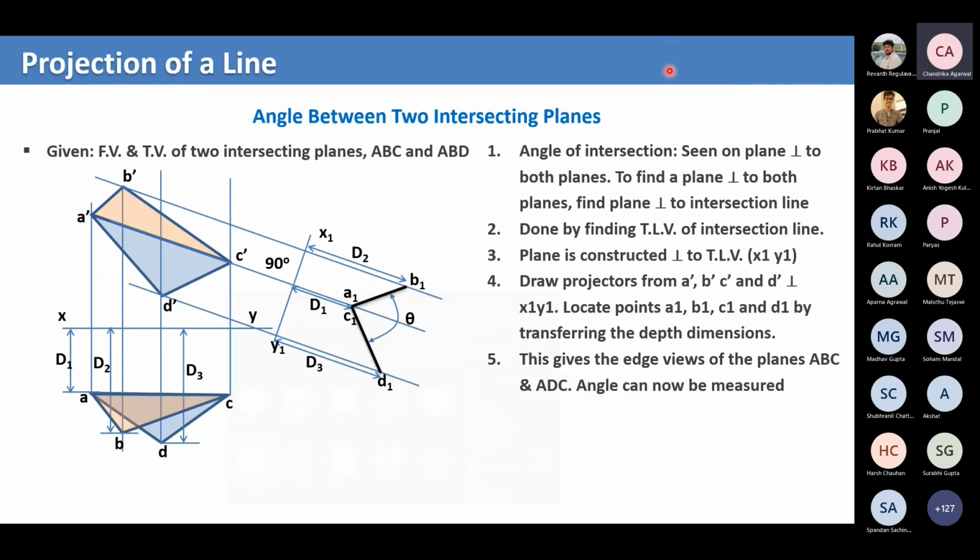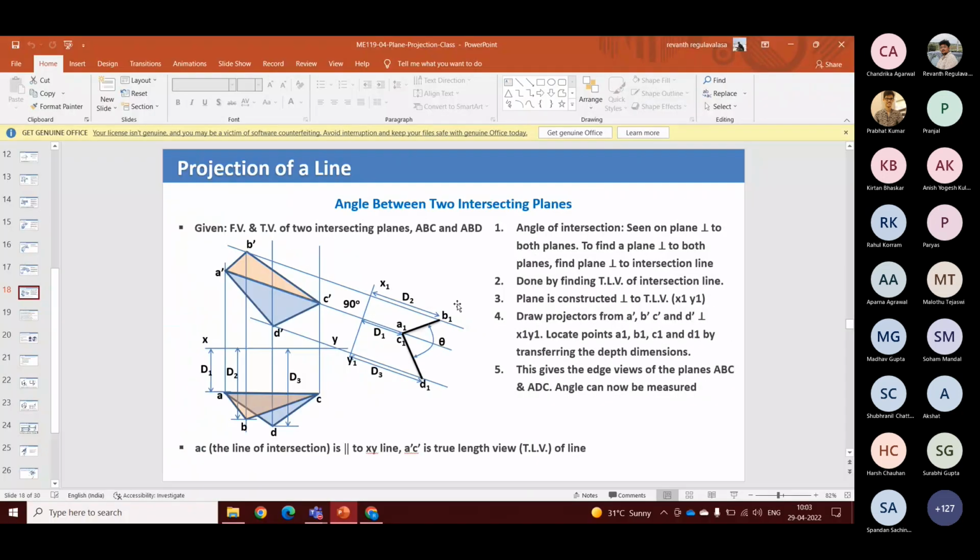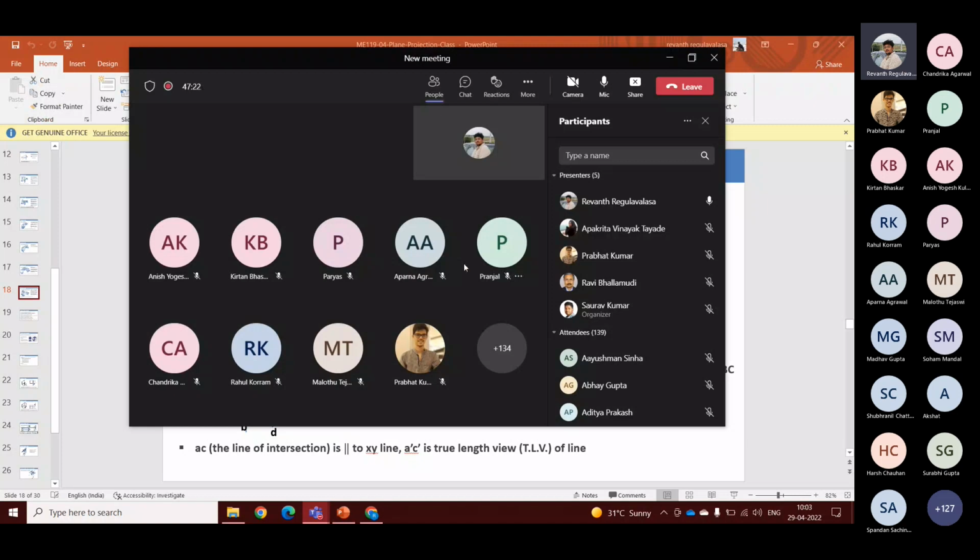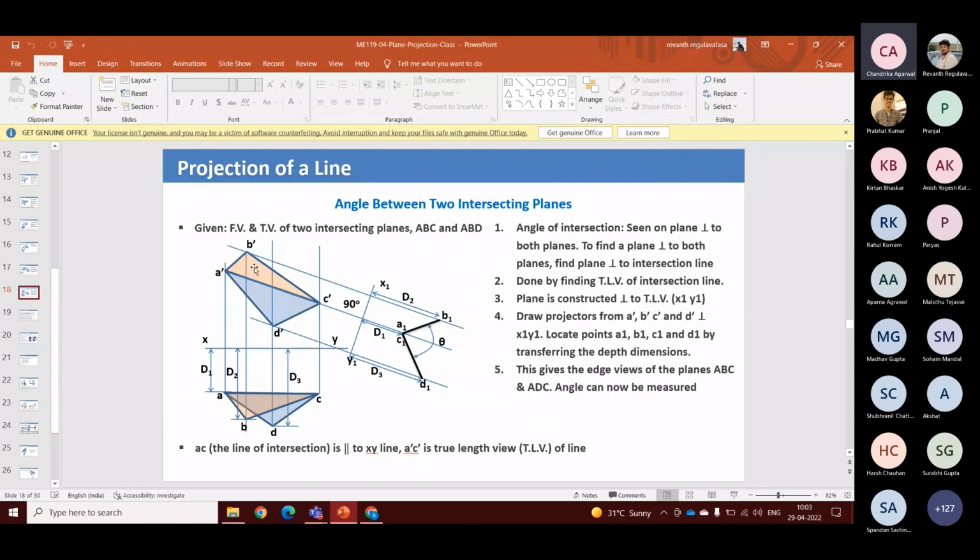I'll put that in the chat then. Chandrika, can you repeat your doubt? The topmost figure we made, is that we rotated it such that both the planes become 180 to each other, or what did we do? I did not get that one.